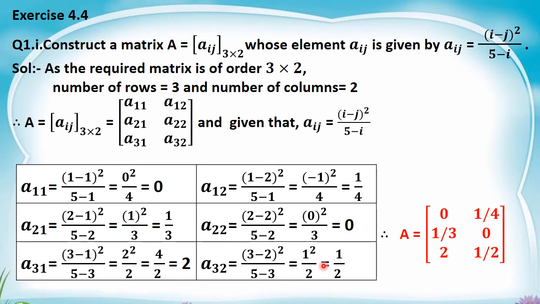Therefore, we can form the matrix A. a11 is 0, a12 is 1 upon 4, so the first row contains the elements 0, 1 upon 4. The second row elements are 1 upon 3 and 0. The third row elements are 2 and 1 upon 2. So we formed the matrix A using this formula.